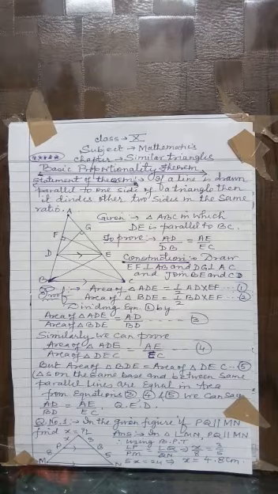Then divide equation 1 by equation 2, you will get area of triangle ADE upon area of triangle BDE equal to AD upon BD. Half will cancel, EF will cancel. So your third equation is area of triangle ADE upon area of triangle BDE is AD upon BD.